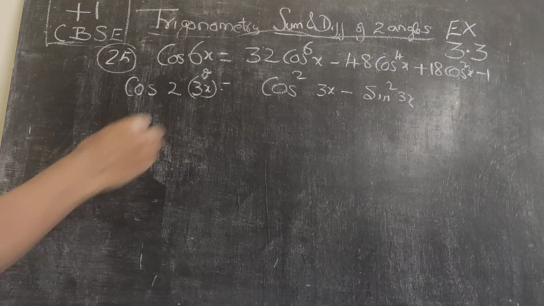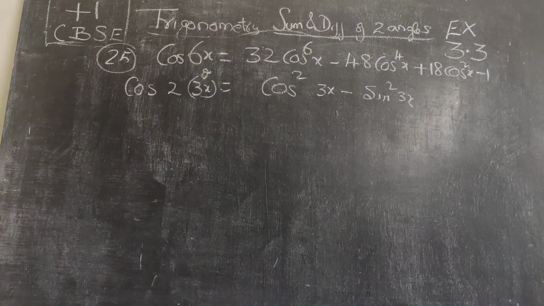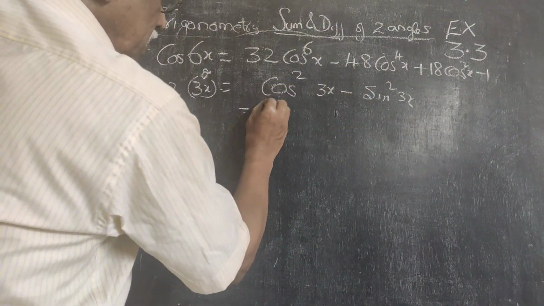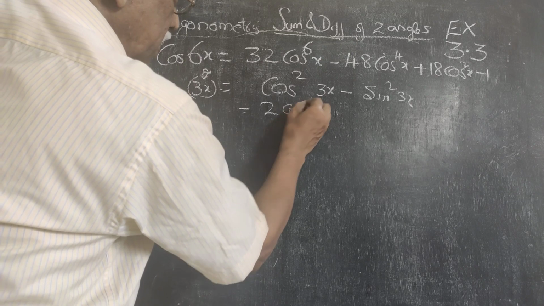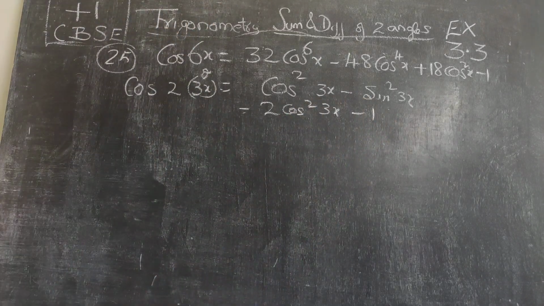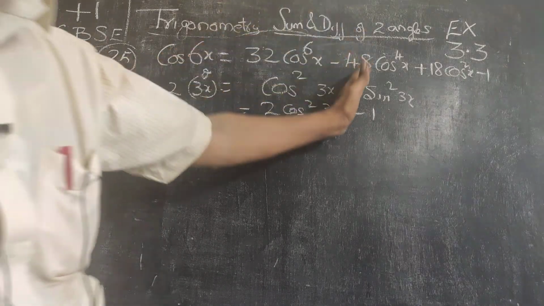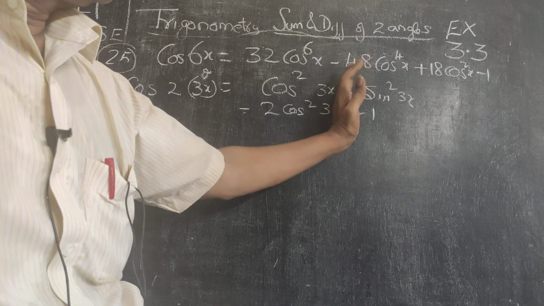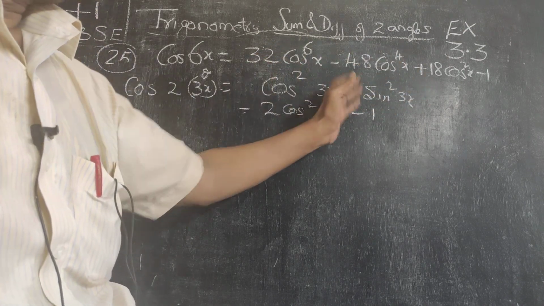Cos 2 theta can be written in this way, or we can write it simply as 2 cos square of 3x minus 1. This is another method. Or from here you can jump to this: you write sin square 3x as 1 minus cos square 3x, and minus of minus becomes plus, and that minus comes here.